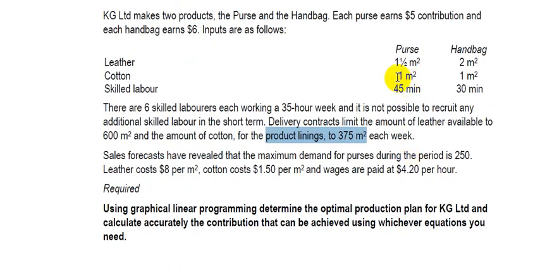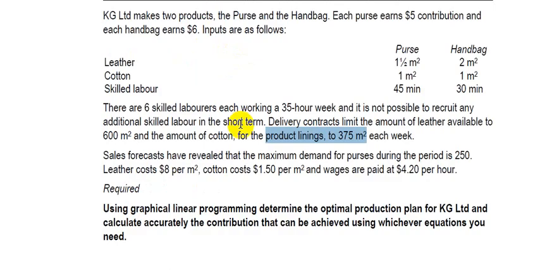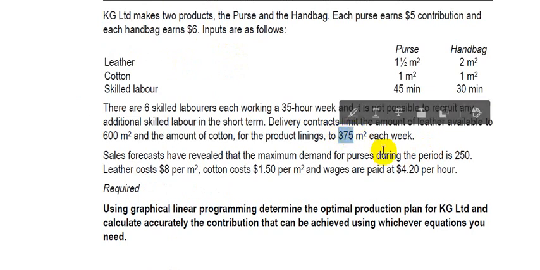We need 1 square meter and 1 square meter. 1 times 180 gives us 180, and 1 times 160 gives us 160. 160 plus 180 gives us 340. We have 375 square meters. So cotton is not a limiting factor.